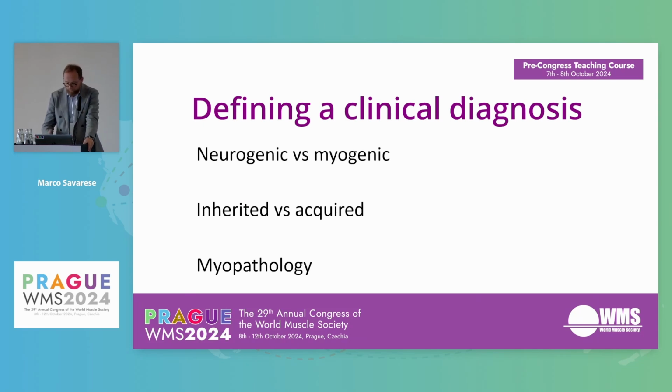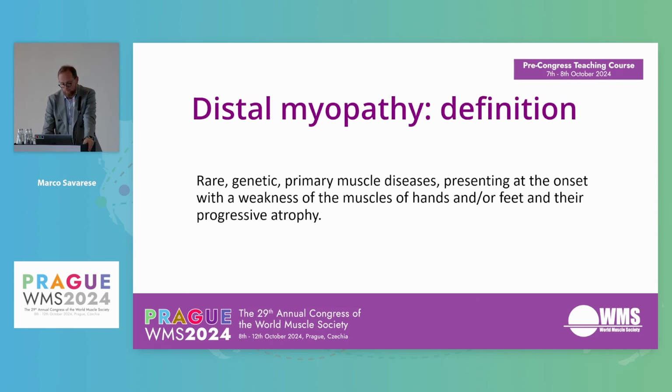We won't have time today, of course, to go through all the possible conditions, so I decided to focus basically on distal myopathies, because this is our main core business, I would say, in Helsinki, and because I think it's a good example of a complex disease and a complex condition where we can underline some specific aspects that could be useful in this place. So how to define distal myopathy?